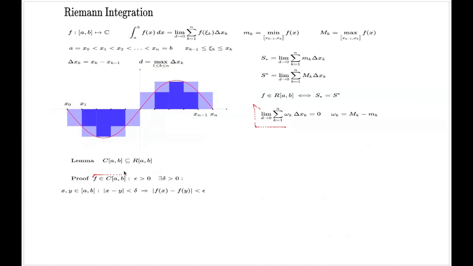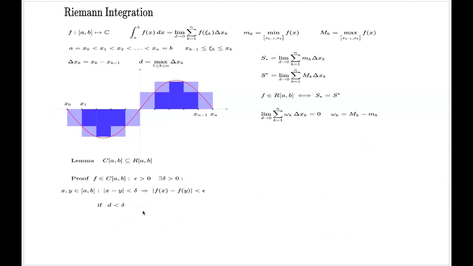Indeed. If I fix a positive epsilon and choose a delta for such epsilon, look what happens. I choose a partition with the sole condition that its diameter is less than this pre-chosen delta, chosen with the help of the uniform continuity property.